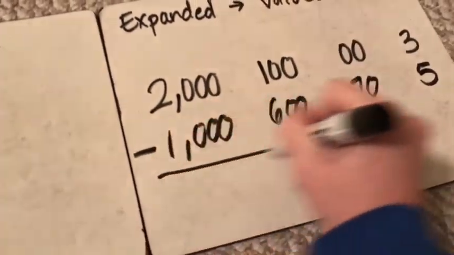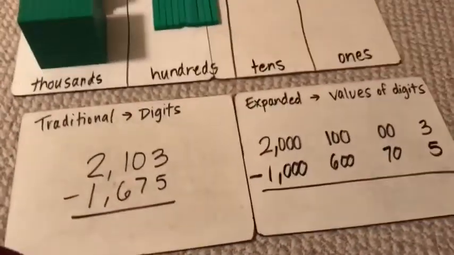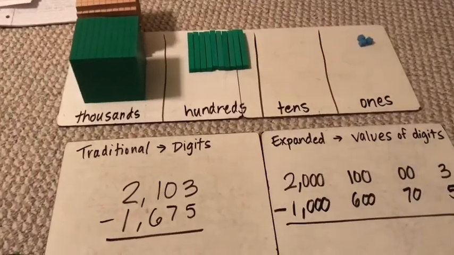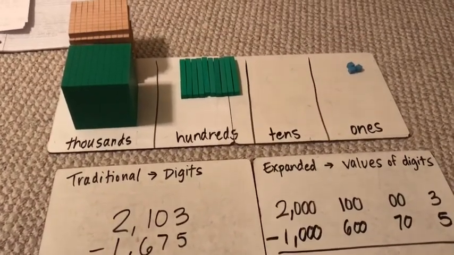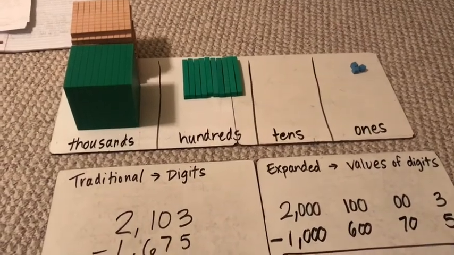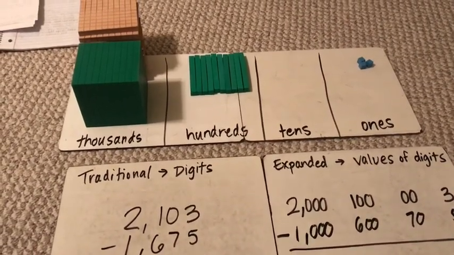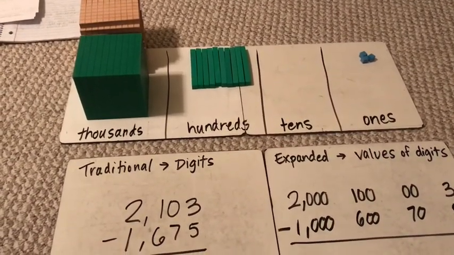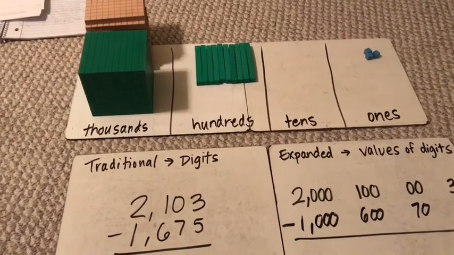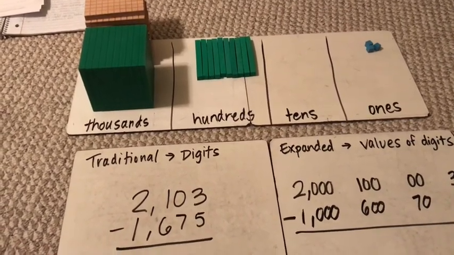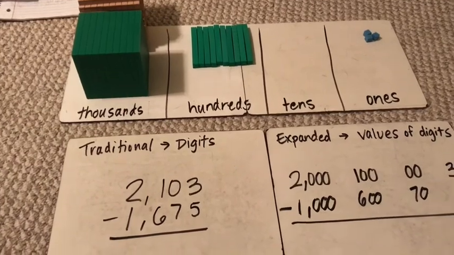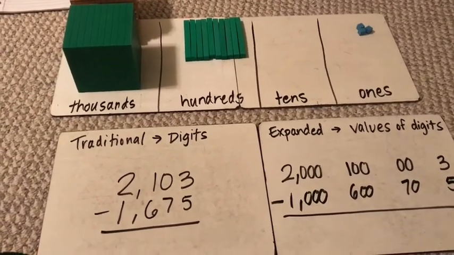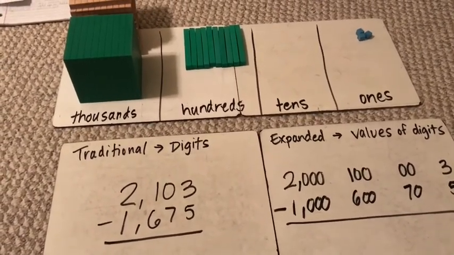Now with the traditional algorithm, you do want to start in the ones place. You don't necessarily have to start with having your kids start in the ones place. As they struggle through, they realize that it makes sense to start with the ones place, so that if you have to do regrouping, you can do it one step at a time. But many students do struggle with this in the beginning.